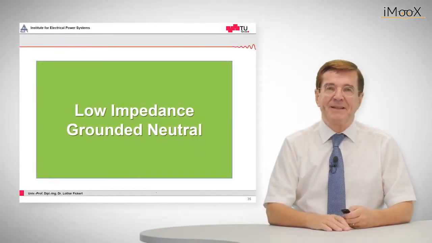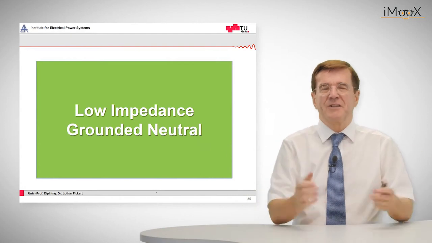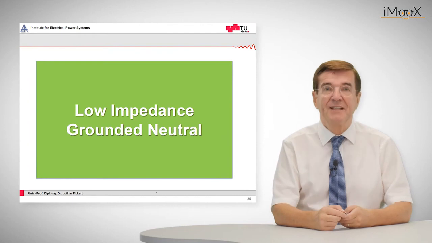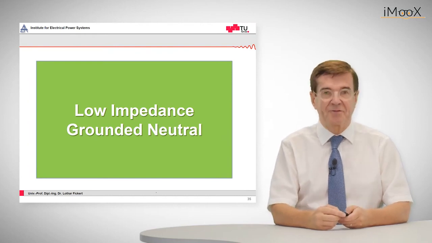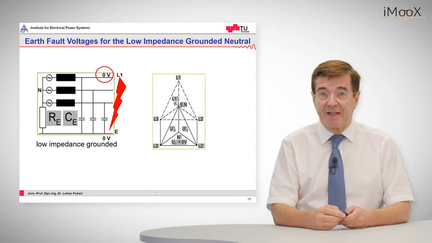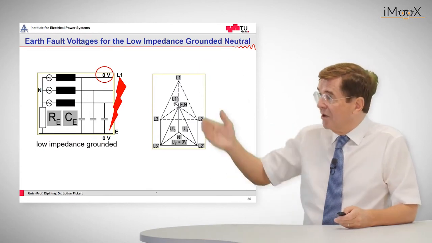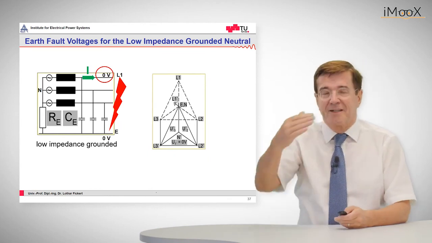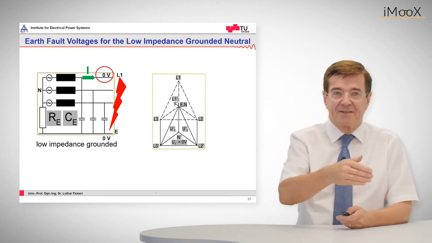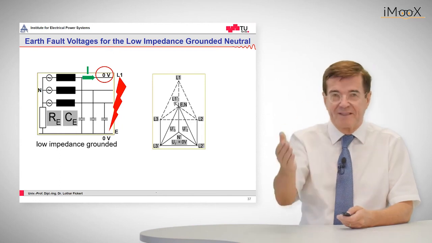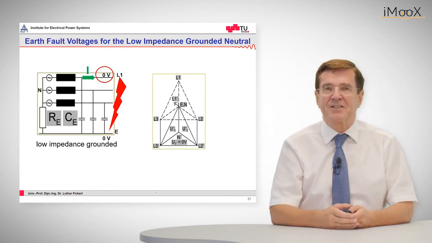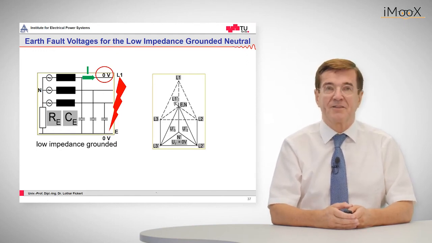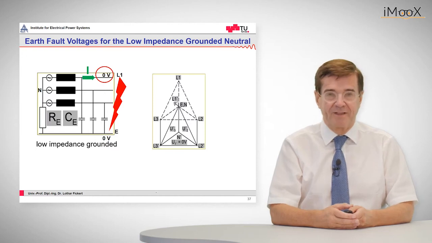A mixture between these two opposing treatments of the neutral, either the isolated neutral or the solidly grounded neutral, is the low impedance grounded neutral. Here again the fault starts with the lowering of the potential of the faulty phase, and this again carries a current from the transformer neutral through the resistor. It's a circulating current which is in the order of some hundreds to maybe something like 1000 amps. That depends on the design of the system and its required protection.